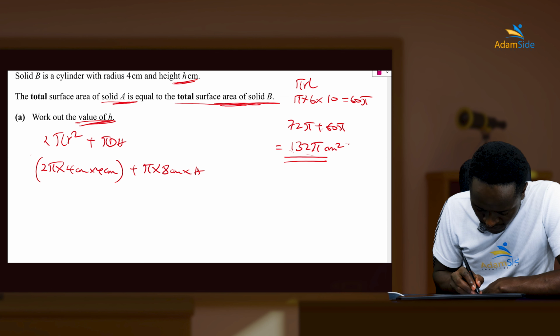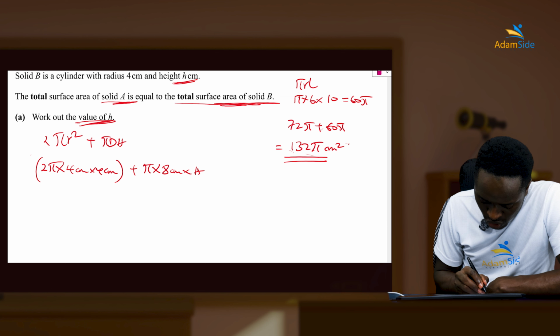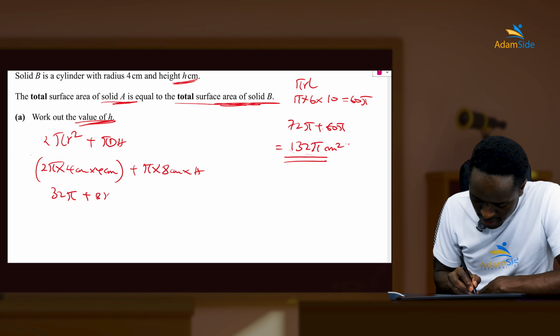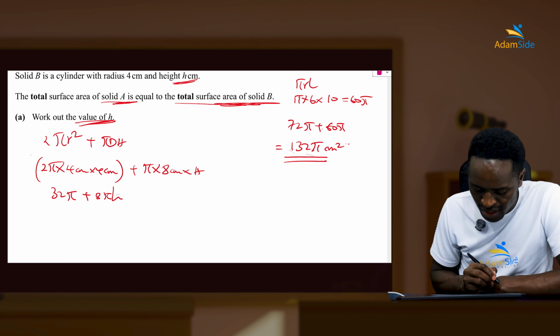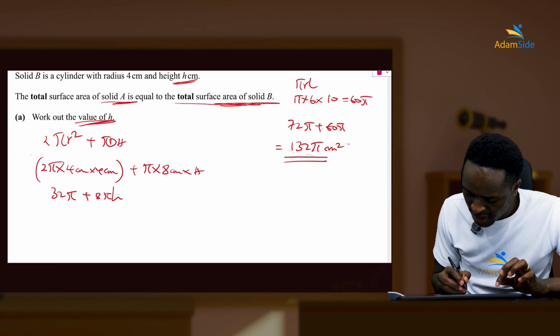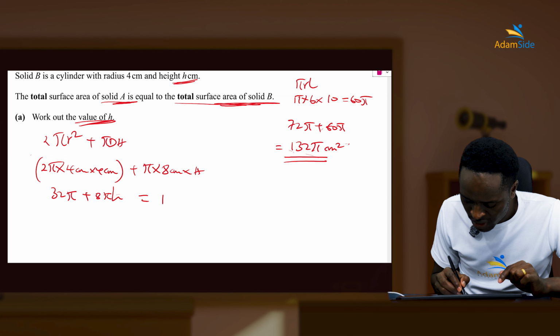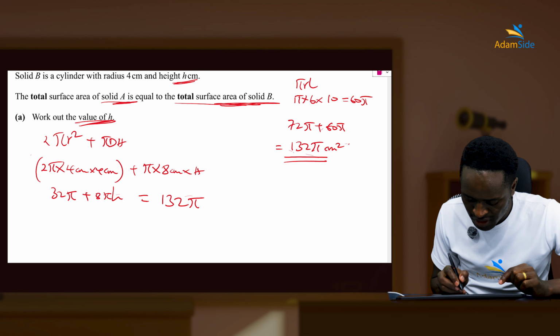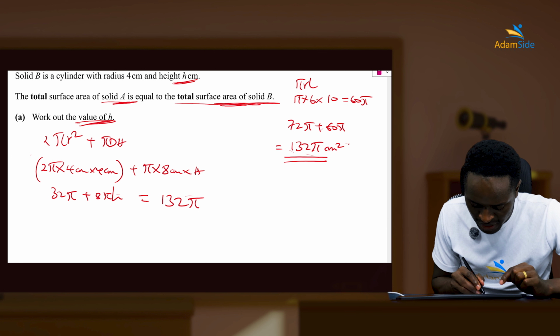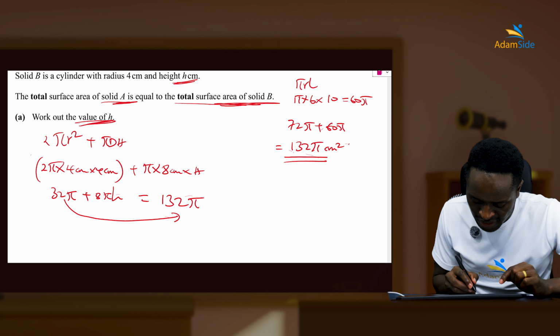So 4 times 4 is 16, 16 times 2 is 32 pi, plus 8 pi height. So this is what we have, then it is equated to the area of 132 pi. Correct. Now we take the 32 pi to the other side, collect like terms, and we remain with 8 pi height.